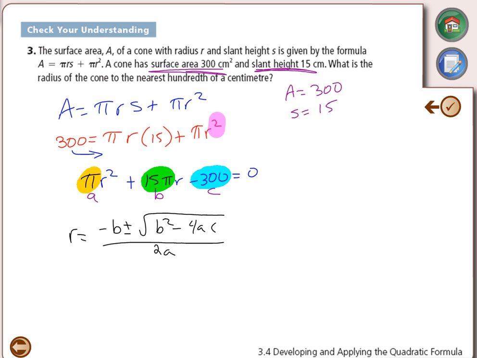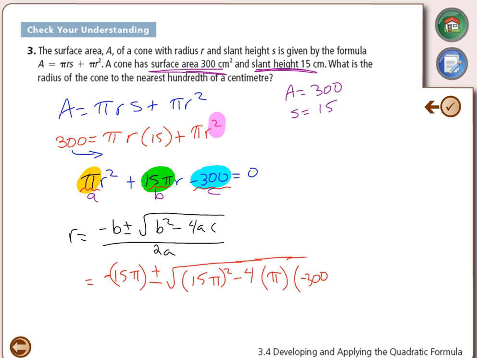We've got negative 15, in brackets, negative 15 pi plus or minus, that whole thing is the b, plus or minus the square root of 15 pi squared minus 4 times the a value, pi, times the c value, negative 300. All of it over 2 times pi. Woo-wee! Let's keep this going.